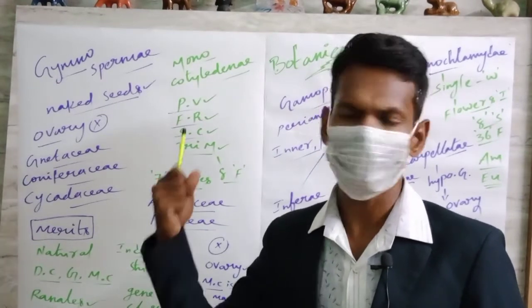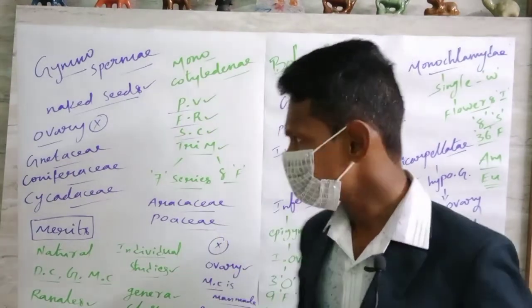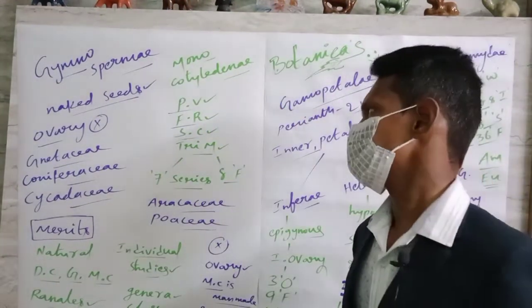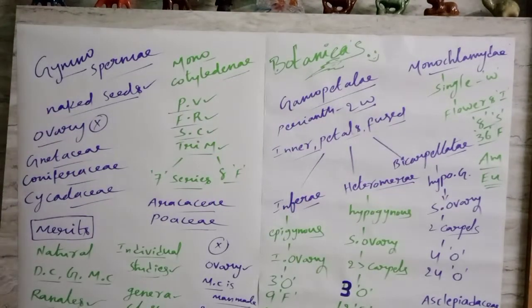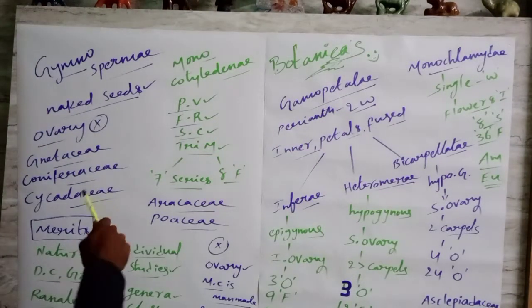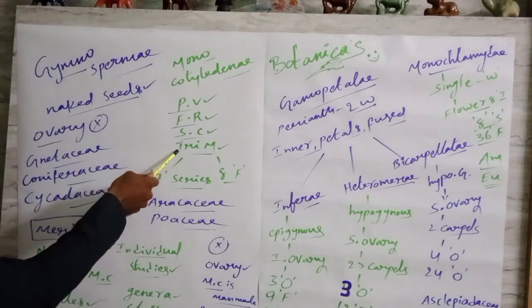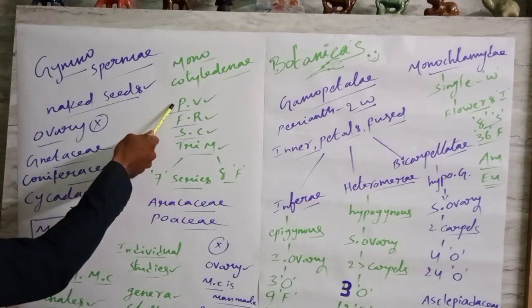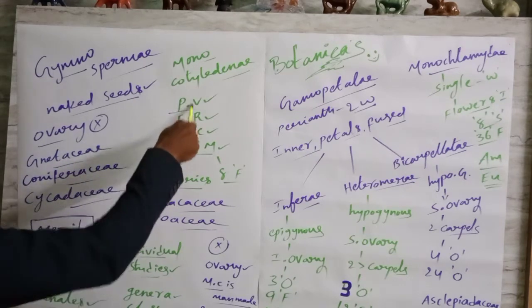More than 3, 5 and poly, that is dicotyledone. So that is the monocotyledone main characteristic feature. And the remaining characteristic features we can see here already. As I told you just now, trimerous, and parallel venation, in the sense veins are arranged parallel to each other.